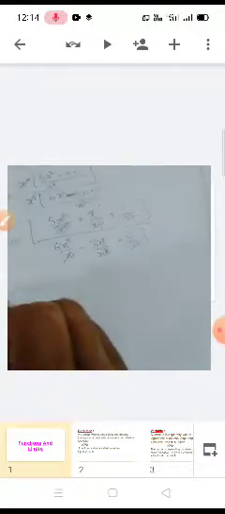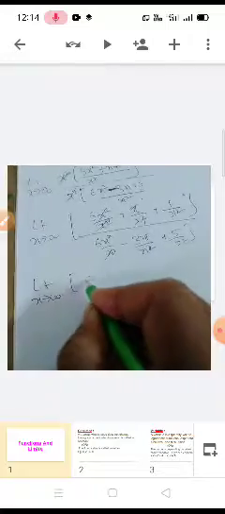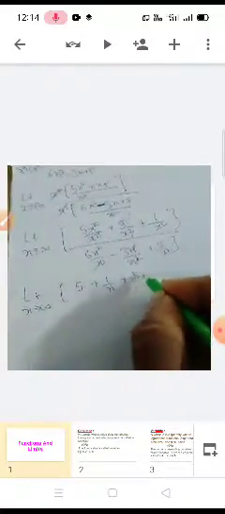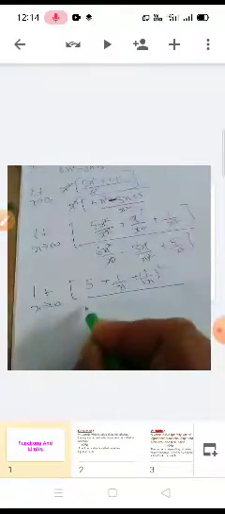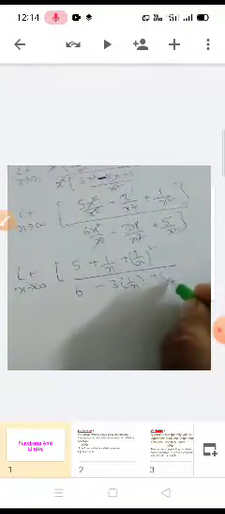Limit x tends to infinity of (5 plus 1 by x plus (1 by x) whole square), and the denominator also, (6 minus 3 of 1 by x plus 5 of (1 by x) whole square).